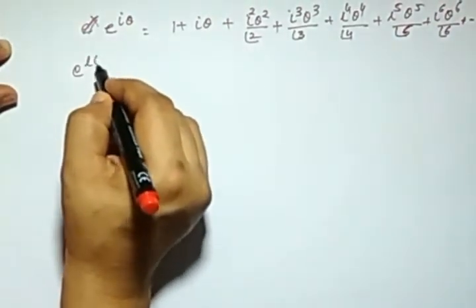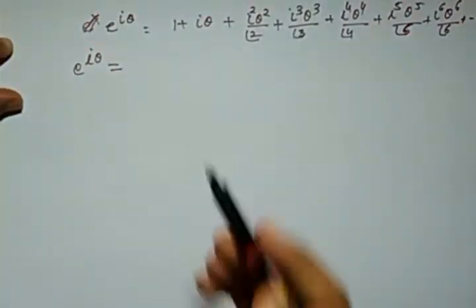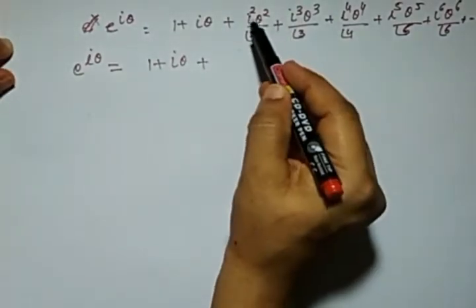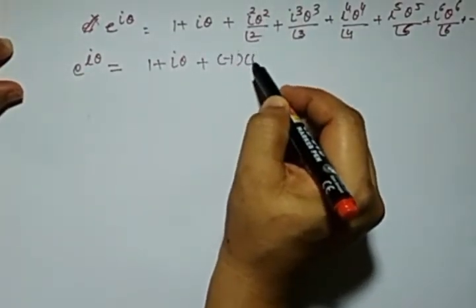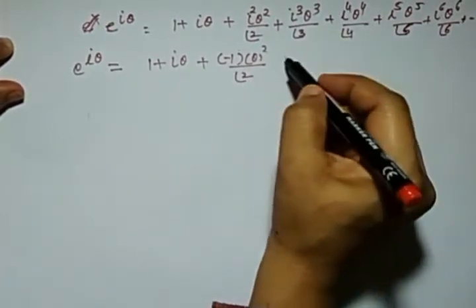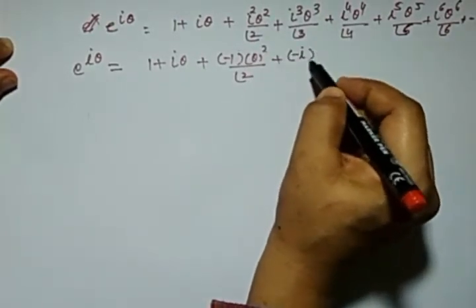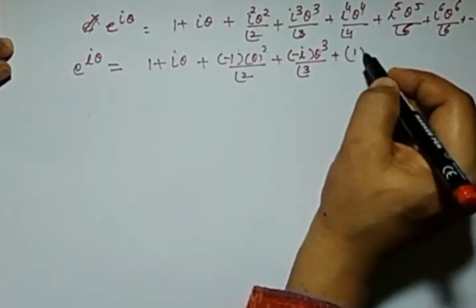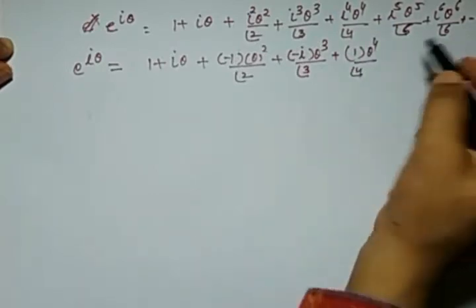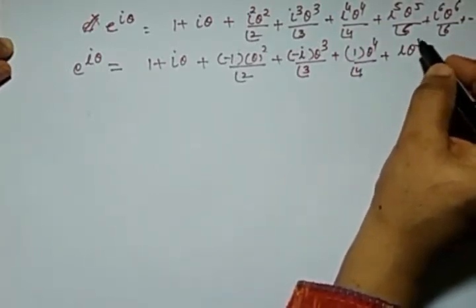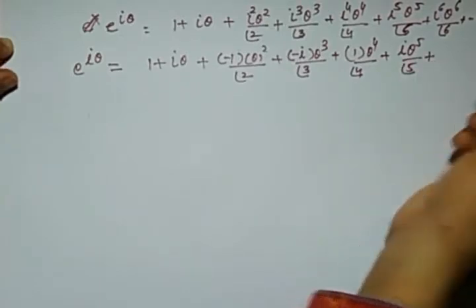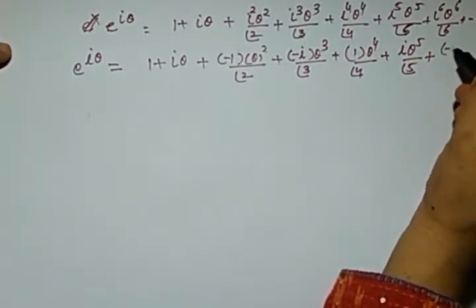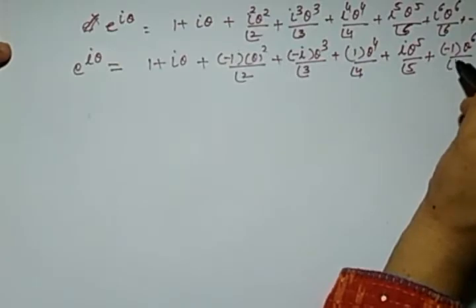So e raised to power i theta is equal to 1 plus i theta plus, this i square is minus 1, theta square upon factorial 2, plus i cube is minus iota, theta cube upon factorial 3, i4 is plus 1, plus i5 is iota, theta 5 upon factorial 5, plus i6, i square is minus 1 cube, so this becomes minus 1, theta 6 upon factorial 6 and so on.